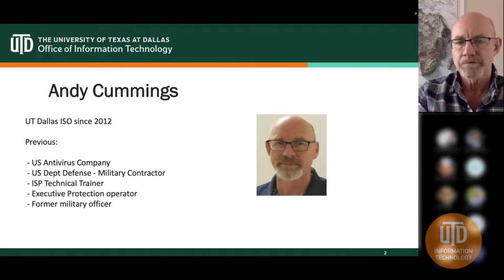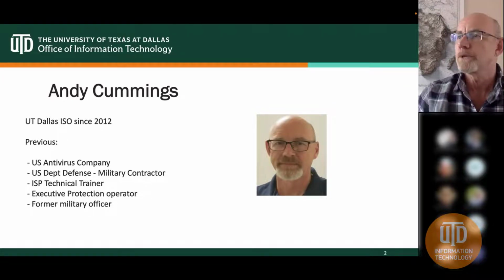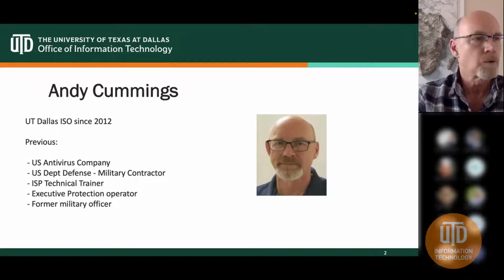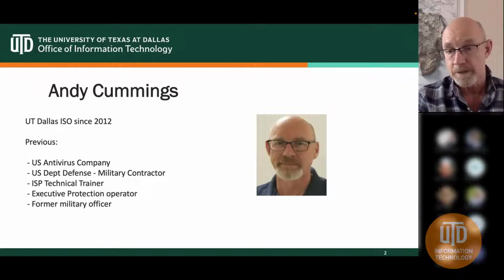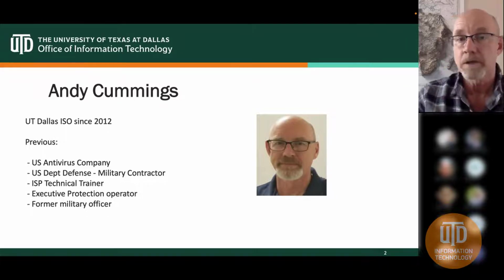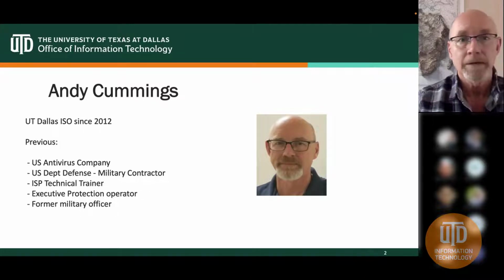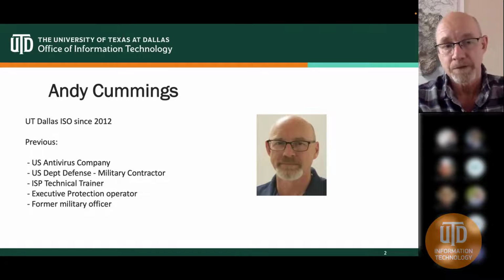Getting a little bit long in the tooth for that, but I wanted to continue the war in the cyber sphere. So I was doing network engineering courses like CCNA and computer forensics, and ultimately I ended up with UT Dallas. I've been here a little over 10 years. Not quite as long as Lucas, but I have been with the ISO, the Information Security Office, full time since I joined.